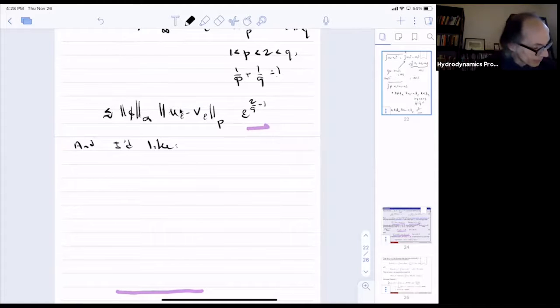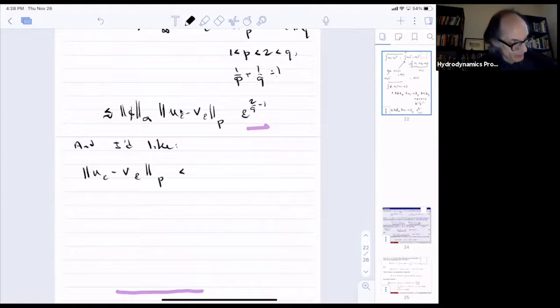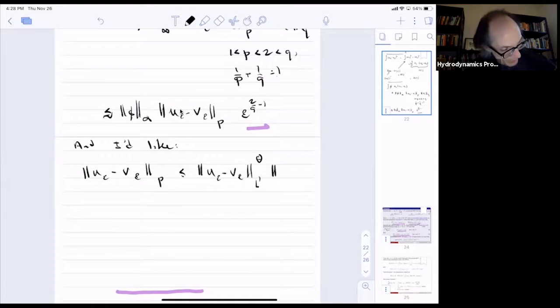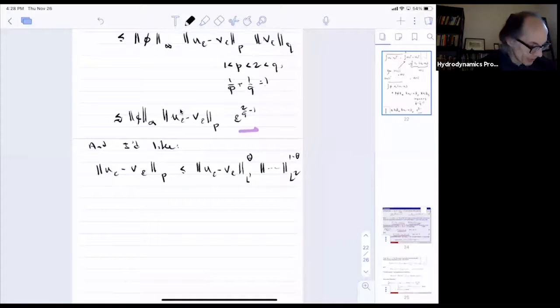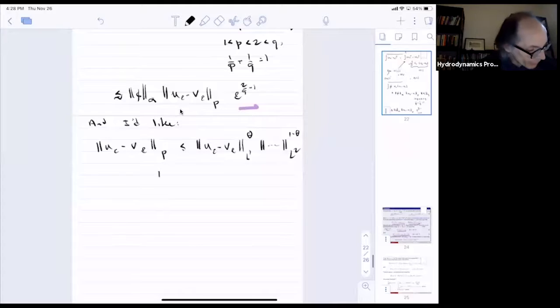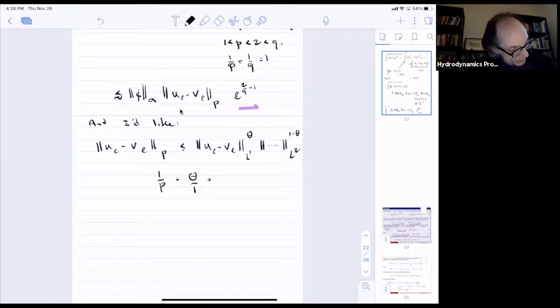I'd like to say the L p norm of u epsilon minus v epsilon, let me first interpolate: the L1 norm to the theta, and the L2 norm to the 1 minus theta. And so then I want 1 over p is theta over 1 plus 1 minus theta over 2.